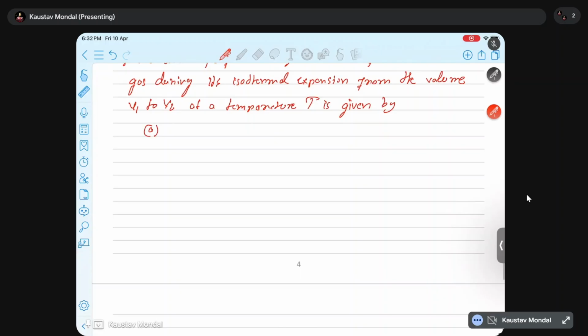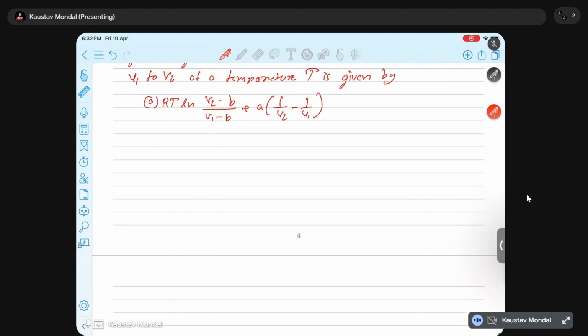Option A: RT log (V2 minus b)/(V1 minus b) plus a into (V2 minus V1). Option B: RT log (V2 minus b)/(V1 minus b) plus a (1/V1 minus 1/V2).